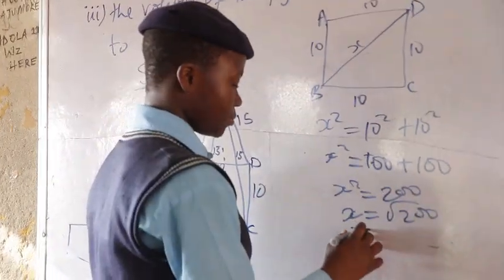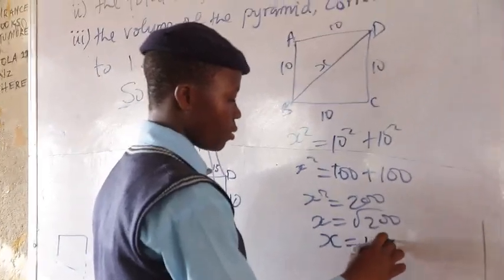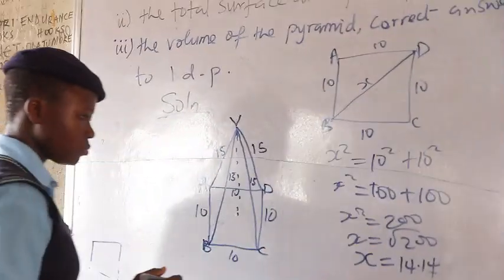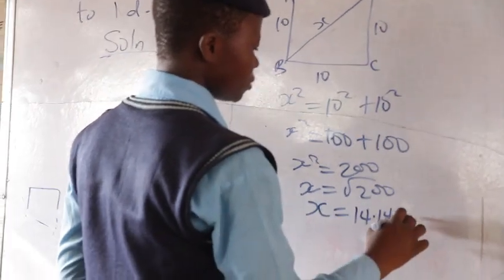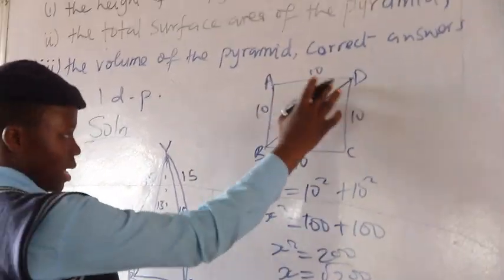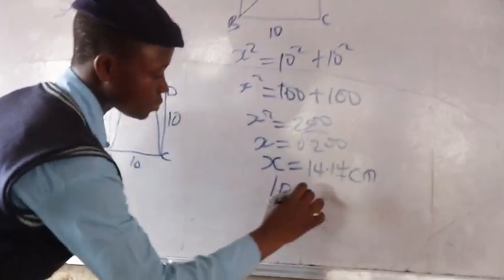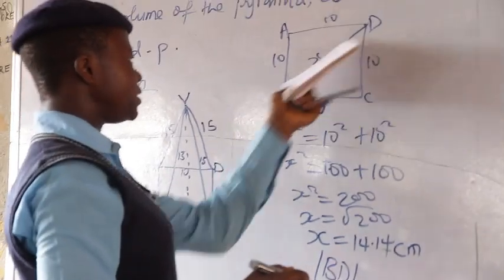Square root of 200 is what? 14.14. Put your units, centimeter. Okay. So we have this as our X, which is the line BD. So you do BD.